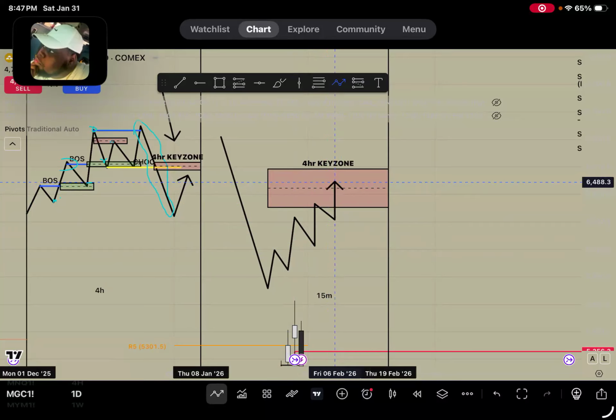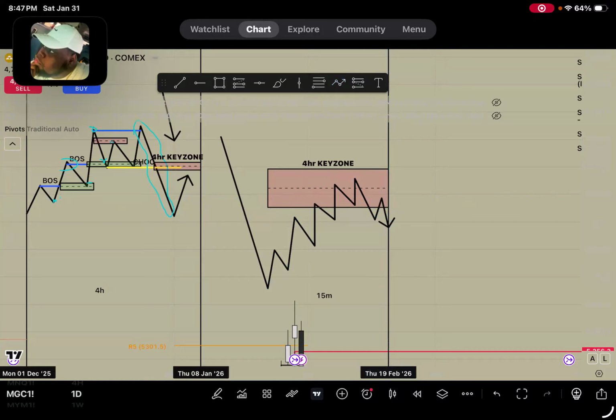Let's say we get to the key zone, we make a high, comes down here to then make that, and then keep here.